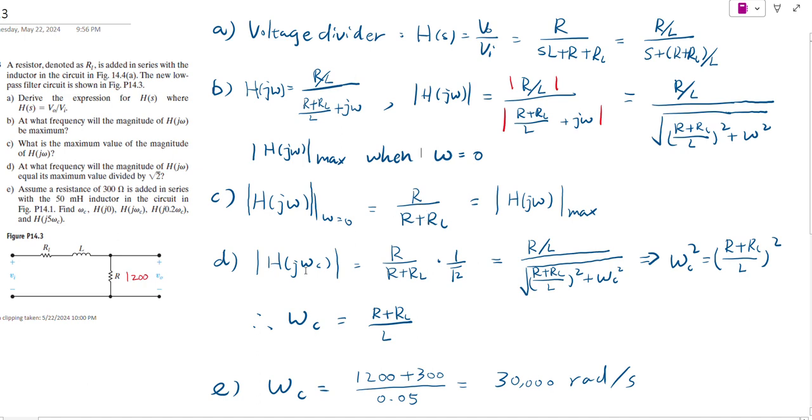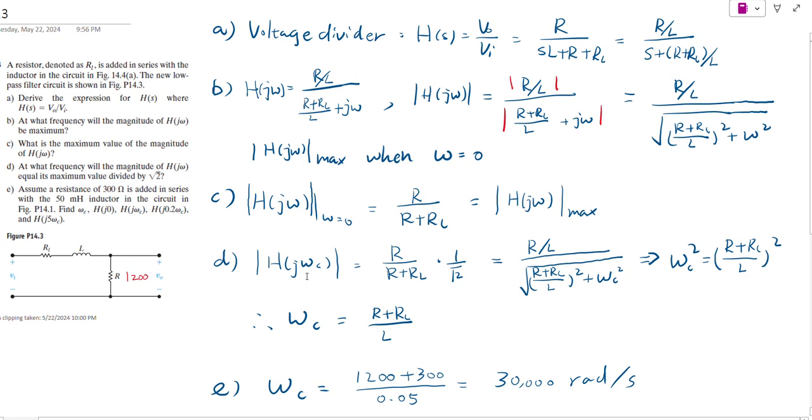All right. For D, at what frequency will the magnitude of that transfer function equal its maximum value divided by root 2? If you're familiar with the concept of cutoff frequency, at that particular frequency the magnitude is actually 1 over root 2.